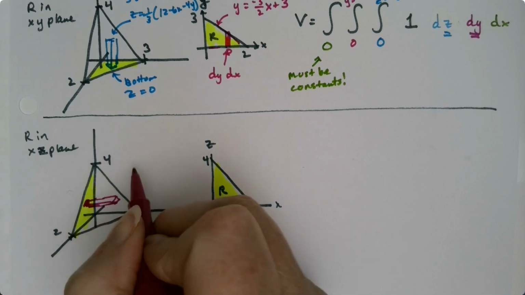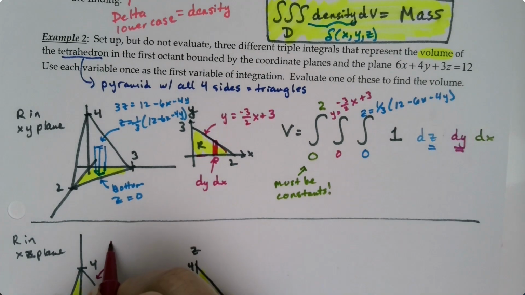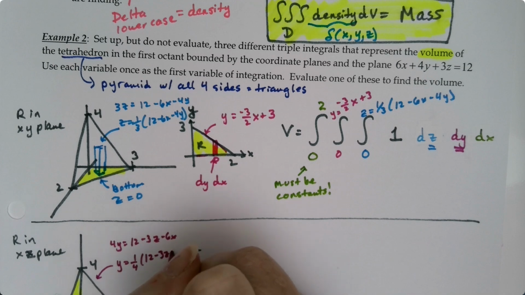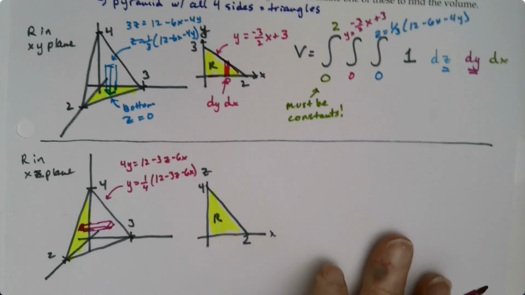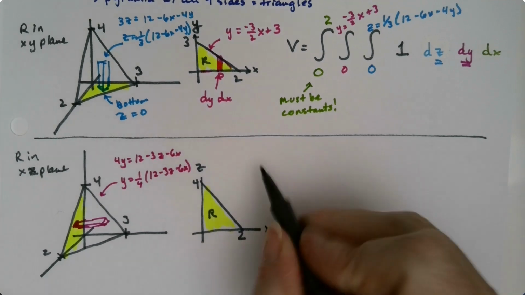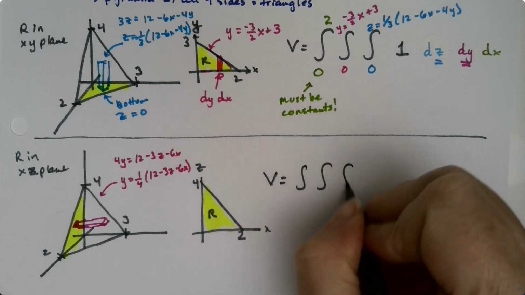So we need this surface solved for y. All right, so that was 4y. So 4y equals 12 take away 3z take away 6x. So y equals 1/4 times 12 take away 3z take away 6x. Okay, so volume equals. So I know my first integral.